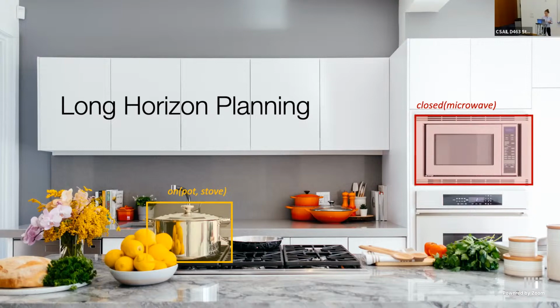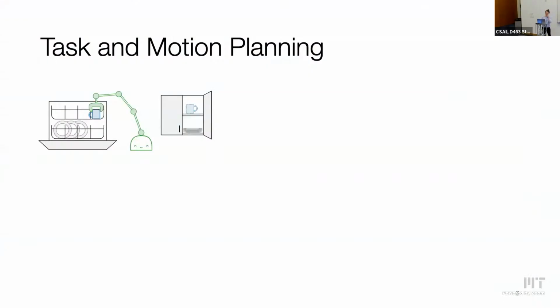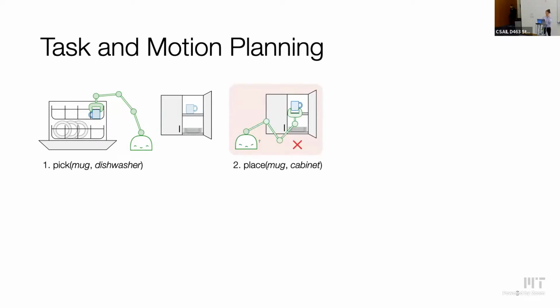Unfortunately, task planning by itself isn't enough for robots to perform tasks in the real world. Here's an example of where this may not work. Let's say this robot is tasked to pick up a mug from the dishwasher and put it into the shelf. A task planner that only operates on these symbols may come up with a simple sequence that first picks up the mug and then places it in the cabinet.